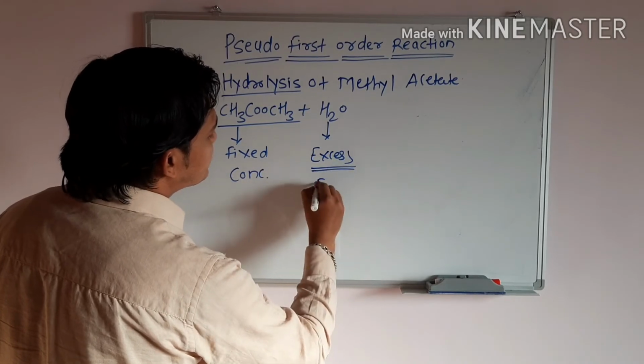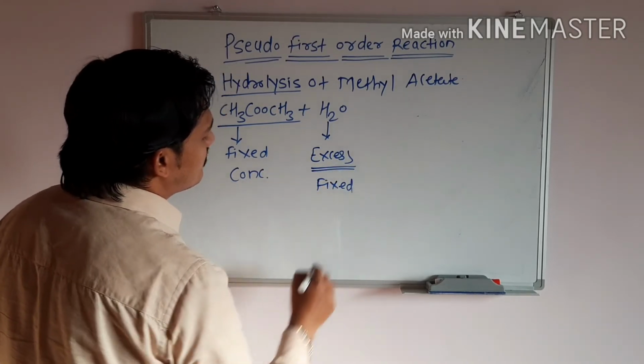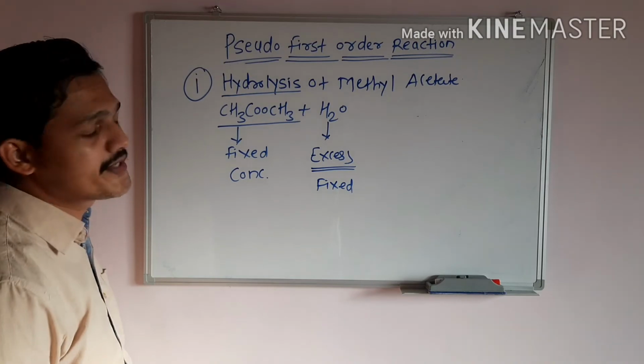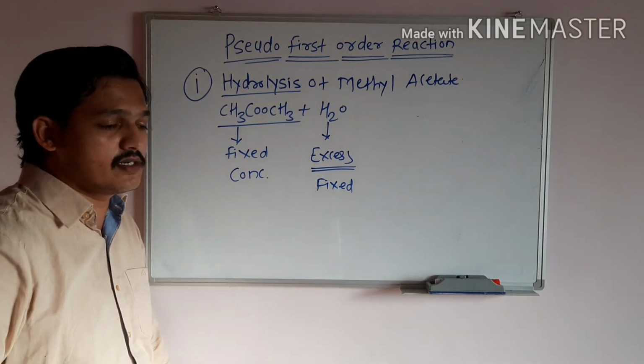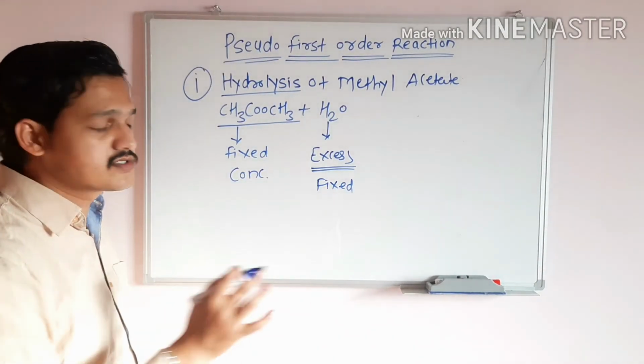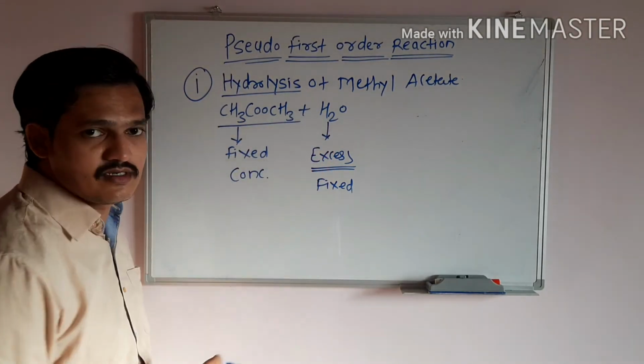This is not a fixed quantity. The quantity of water is not fixed. I may use less water, but I will use it in excess. The concentration of water cannot be fixed.